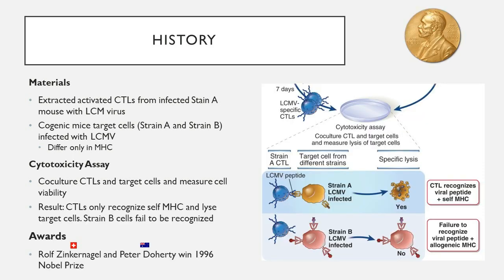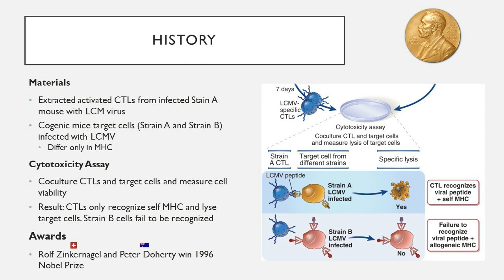What they found was that the cytotoxic T lymphocytes specific to strain A were, of course, successfully able to fight off the infections of the infected strain A cells, so cells that were infected from the same exact genetically identical strain A. Yet, when co-cultured with infected cells of strain B, ones whose only difference was in the genes that encoded the MHC complex, also again called MHC, these CTLs were unable to fight off these infected cells.